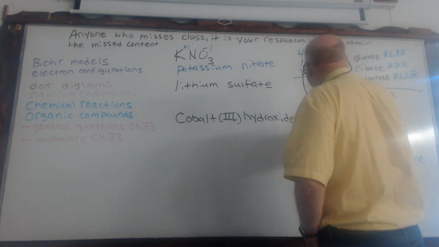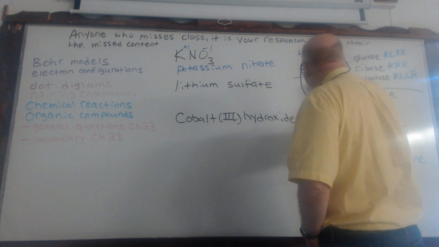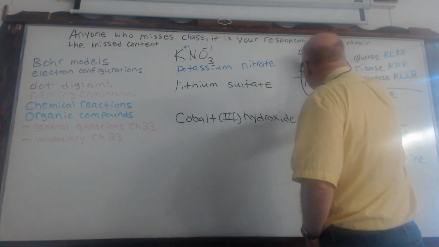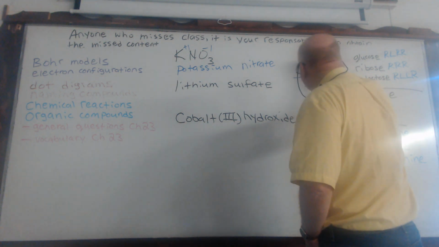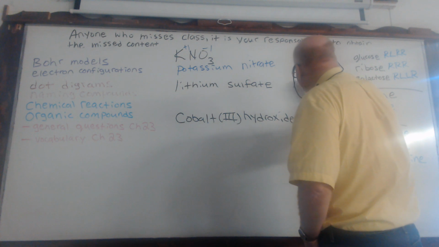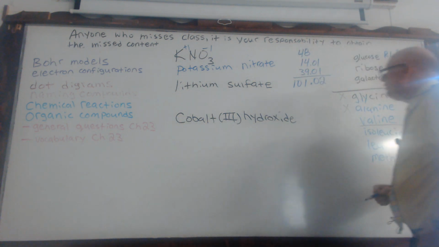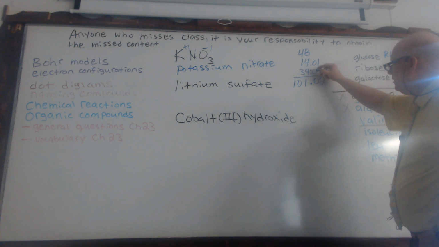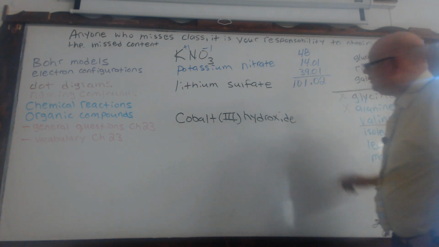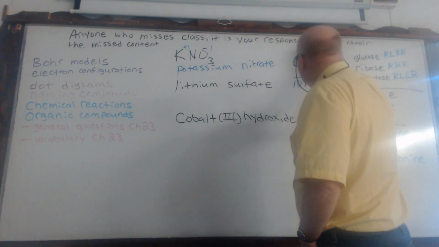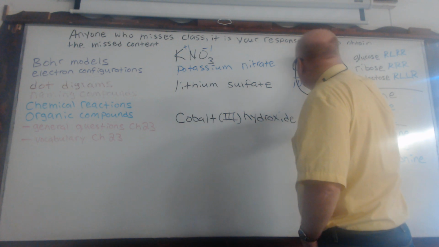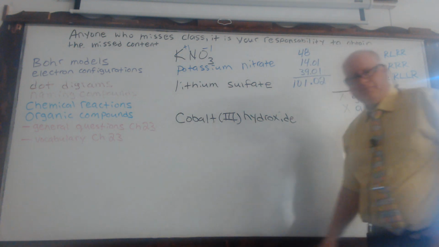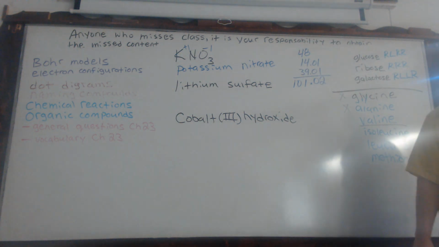Okay, so we add those together. Okay, I think that's right. Let's see here, 12 and 9 gives you 21. Okay. And then 2, so it would be 6, 7, 10. Yep, that's right. All right.